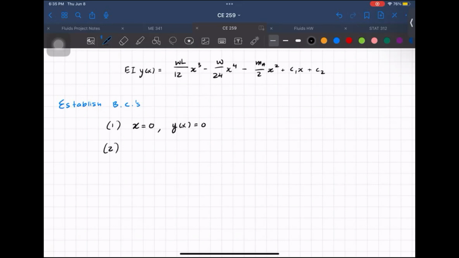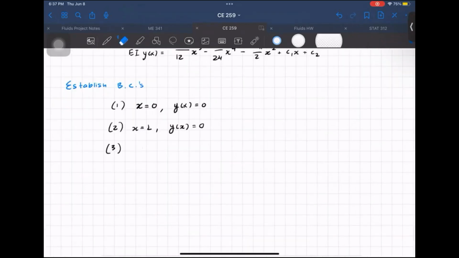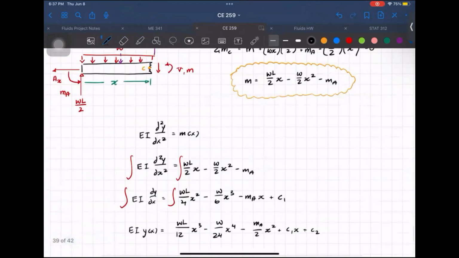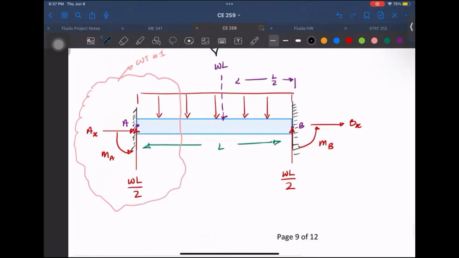The same thing goes for x equals L: y is going to be equal to 0. Similarly, because they're also fixed supports, the slope at those ends is going to be 0 as well.